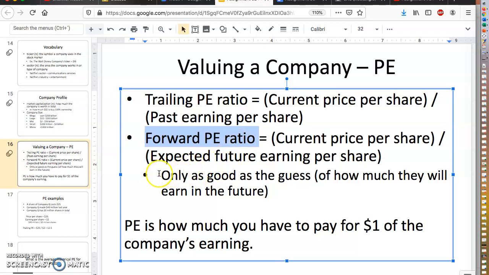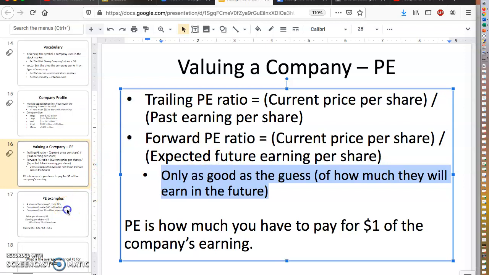The problem, though, is that the number you get from the forward PE ratio is only as good as the guess on how much money they're going to make in the future.